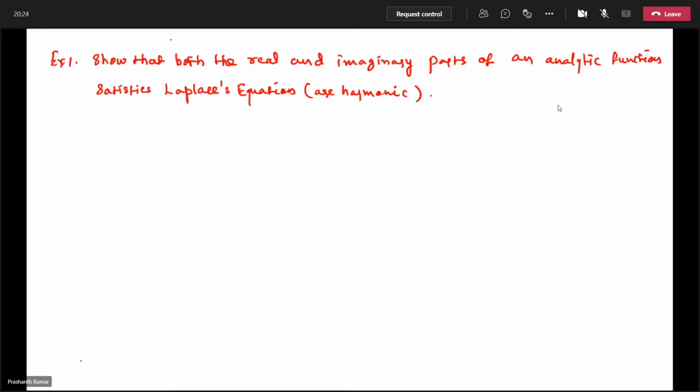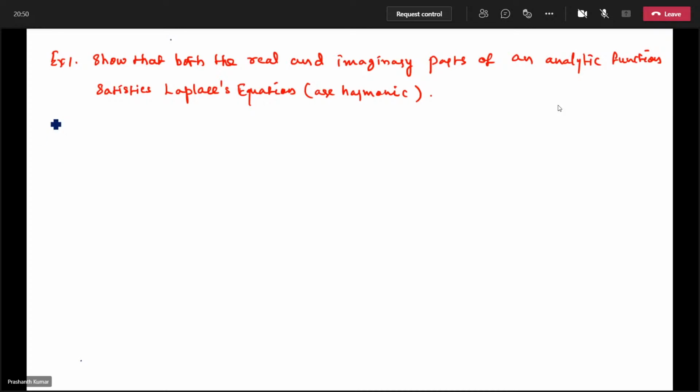That u and v are called the real and imaginary parts of the analytic function. And we want to show that these two functions, u and v, satisfy the Laplace equation, or that u and v are harmonic functions.